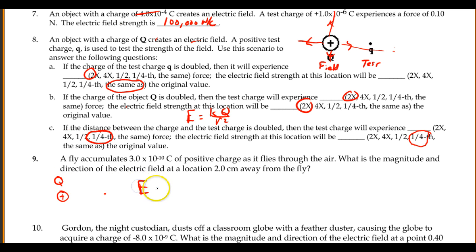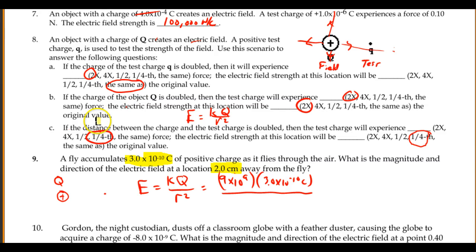if I call that capital Q, then the electric field at some distance is going to be K, the electric constant, which is 9 × 10⁹, times Q over R squared. So 9 × 10⁹ multiplied by the charge, 3.0 × 10⁻⁹. That needs to be in coulombs. And then the distance, 2 centimeters, we're going to divide that by 100 for centi, and we get 0.02 meters.